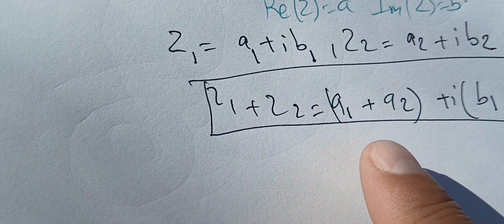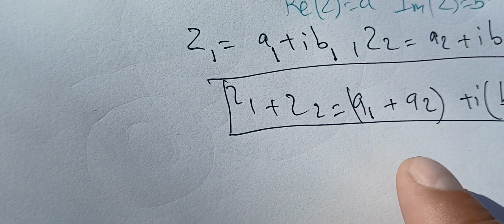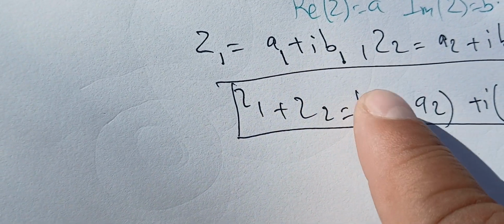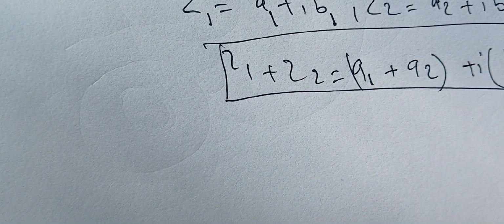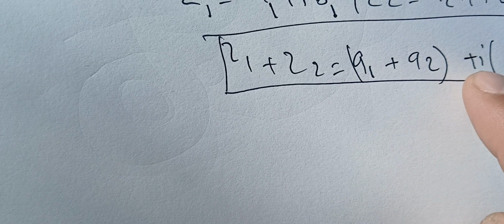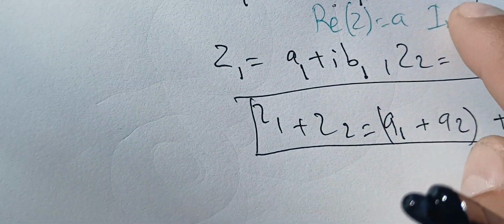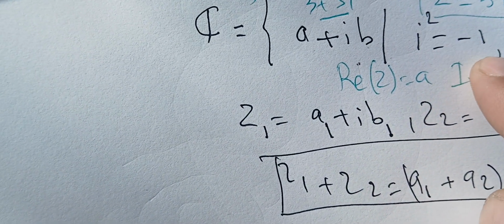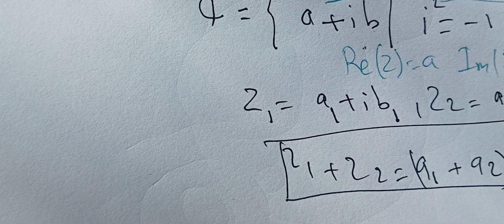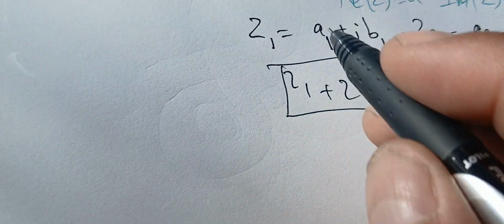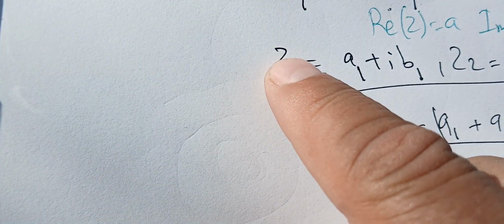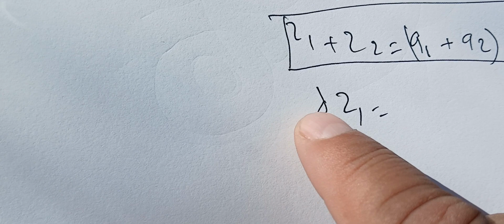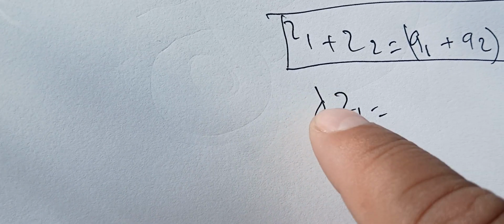So to add two complex numbers, just add the real parts together, add the imaginary parts, and put them together without forgetting the i that satisfies the condition i squared is -1. Another operation that we define is, let's say we want to do lambda times z1. So we multiply this z1 by any lambda that belongs to R, that's a real number.